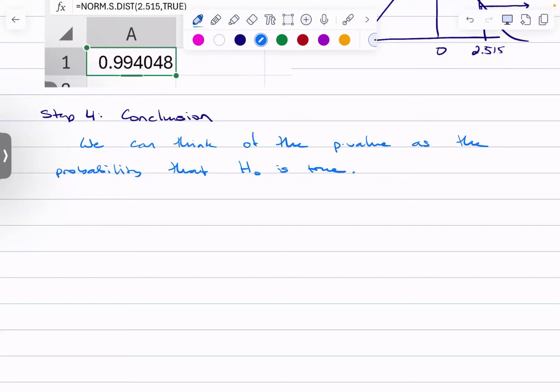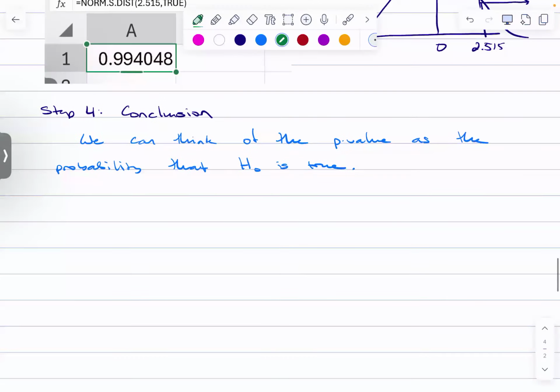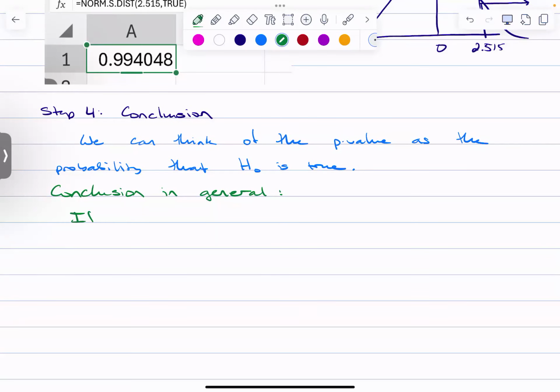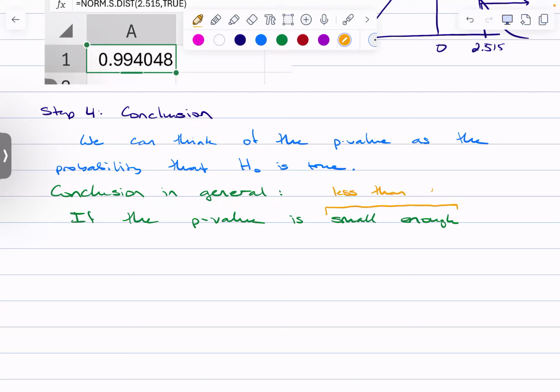But our conclusion in general is if the p-value is small enough, and we've already seen that small enough means less than alpha, some preset alpha level.